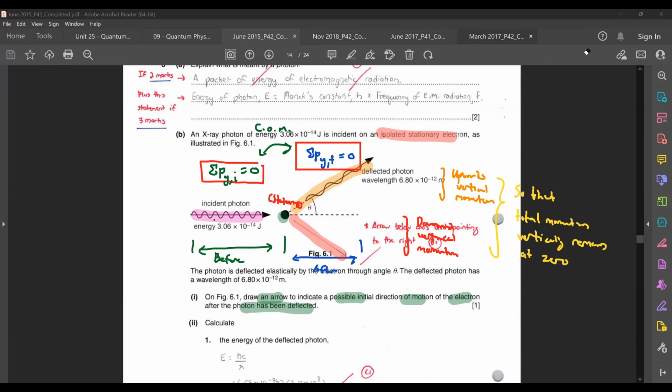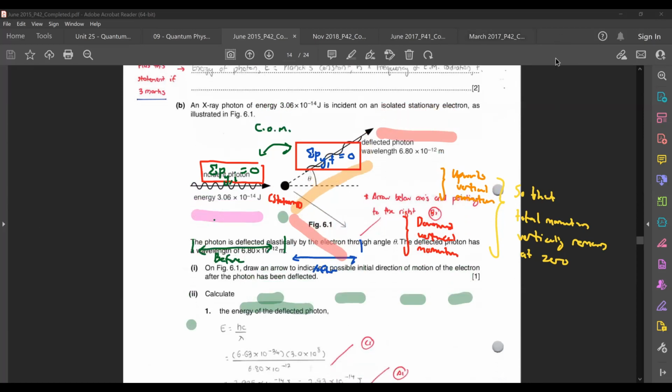Okay, then after that, you move on to part 2. Calculate out the energy of your deflected photons. So let me erase some of those stuff here. So what you want to know now is the energy of your deflected photon. This one is a bit different than the one that you just did earlier.